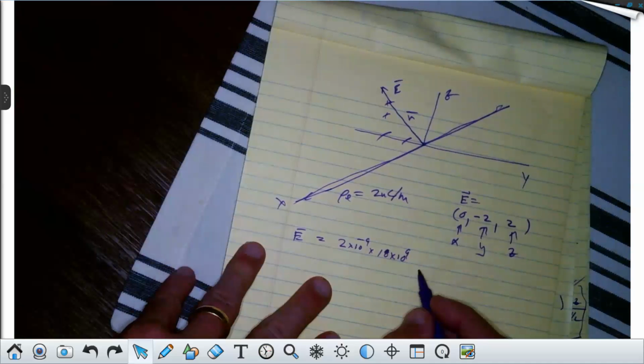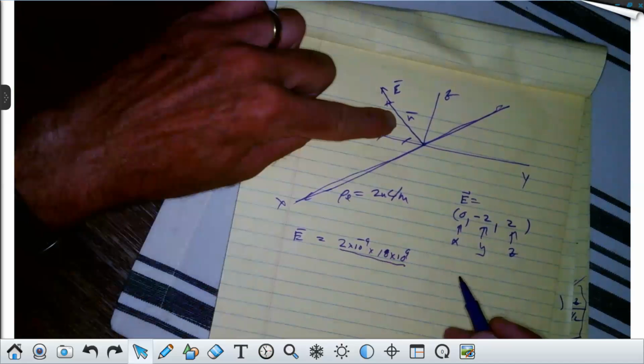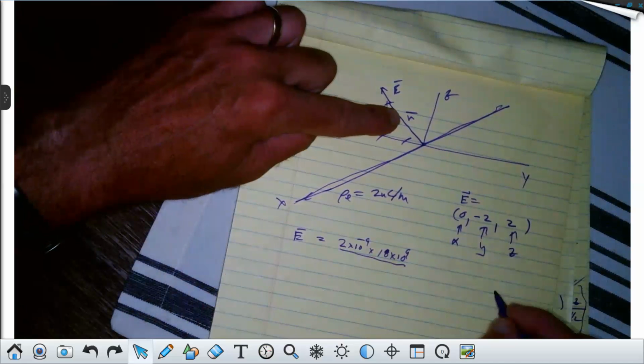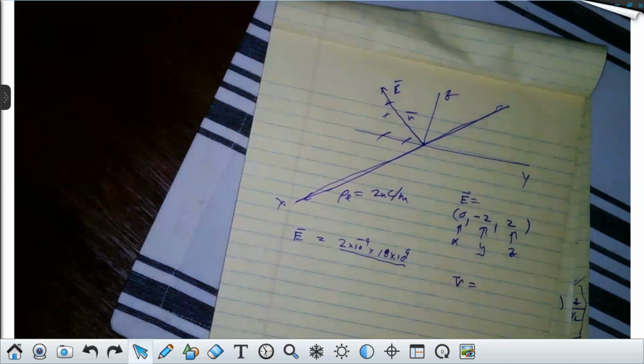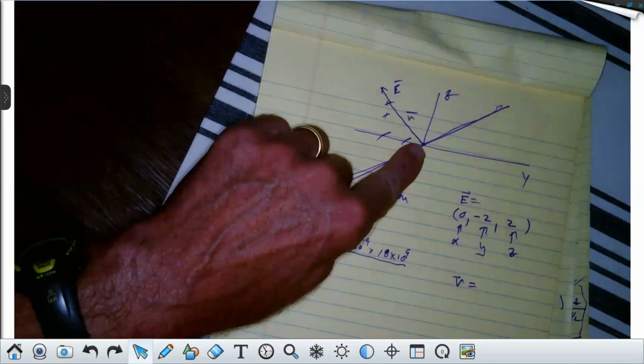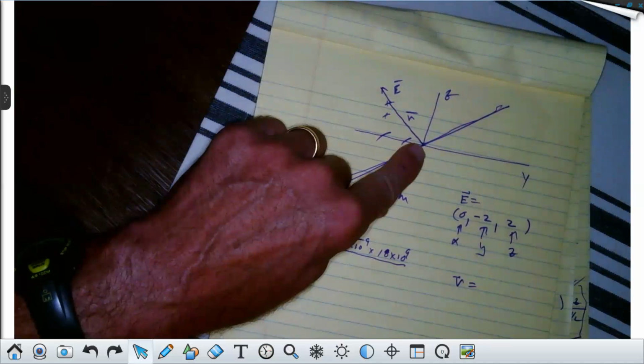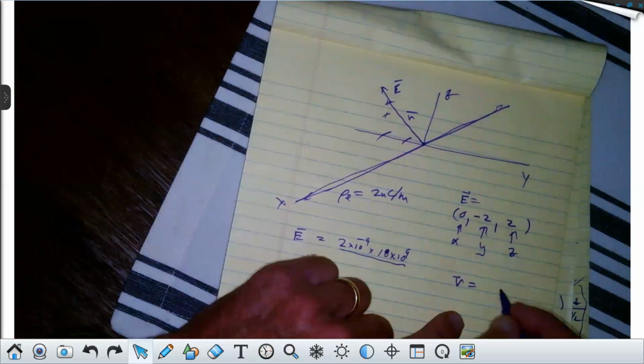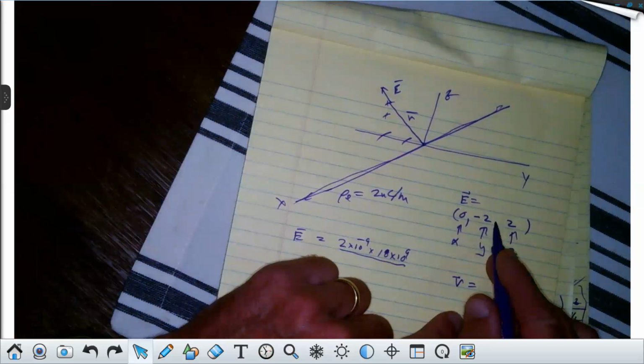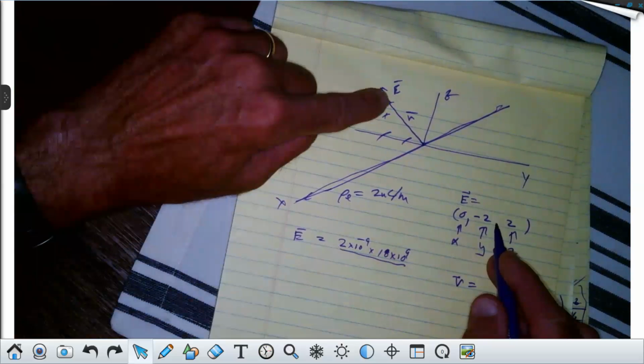Now I have to divide that by the distance. So I need r. What is r in this case? It's really rho, but in our case, it's the same thing as this r. It's the minimal distance from the wire center to the point of observation. Well, do it vectorially. The vector would be what? This point minus this point.